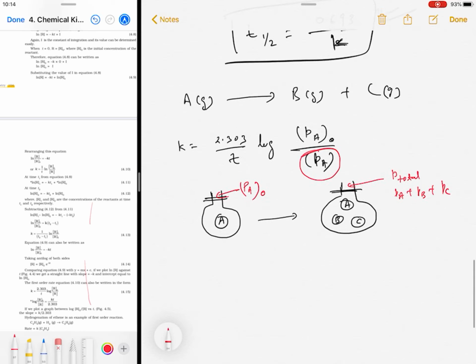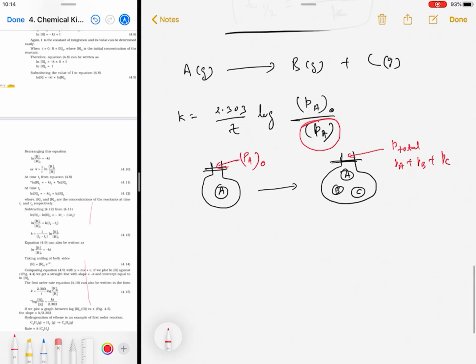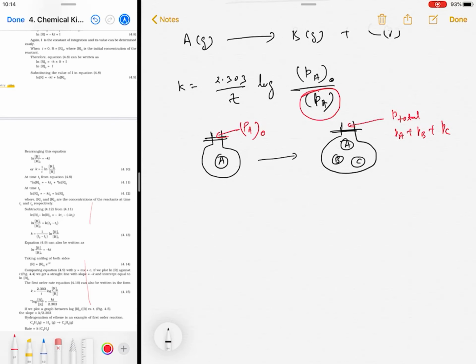So during the experiment, the initial pressure of reactant can be measured easily. But the final pressure of A is not possible to measure experimentally. So then how will we use it in the integrated rate equation? For this we have to calculate it theoretically. I will show how. Let A gas be converted into B gas plus C gas. At time t equal to 0, the initial pressure of A is PA naught.